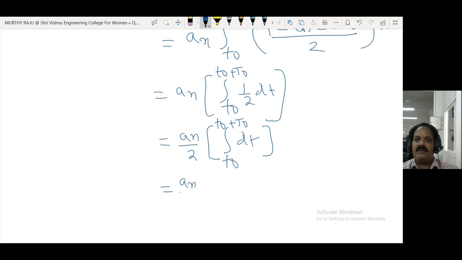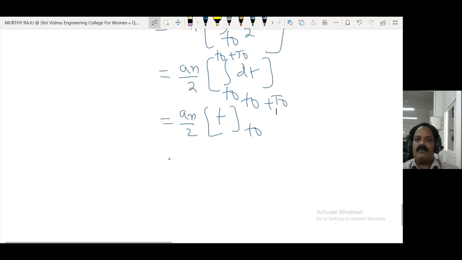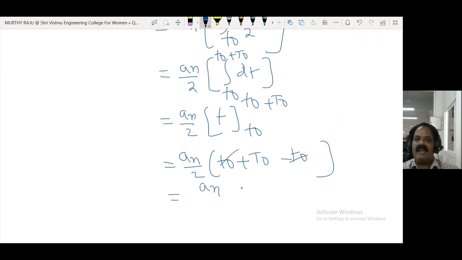Here the integral of 1 dt is t, that is equal to an by 2 times (small t0 plus capital T0 minus t0). That is equal to an T0 by 2.